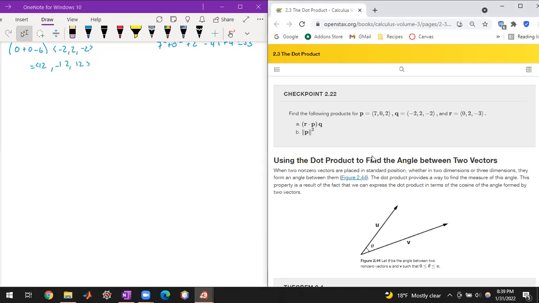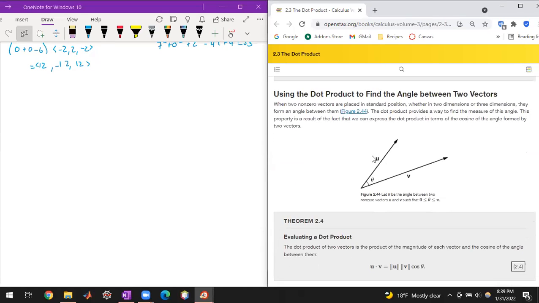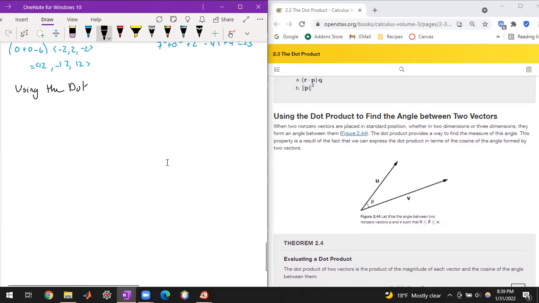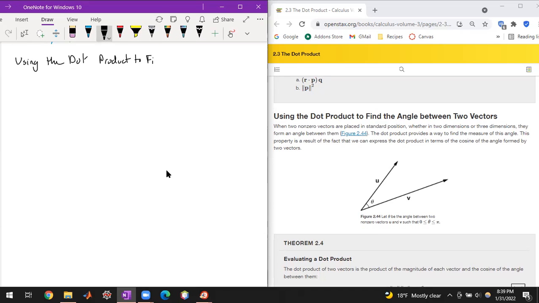All right, so let's talk about using the dot product to find the angle between two vectors. When two non-zero vectors are placed in standard position, whether in 2 dimensions or 3 dimensions, they form an angle between them.